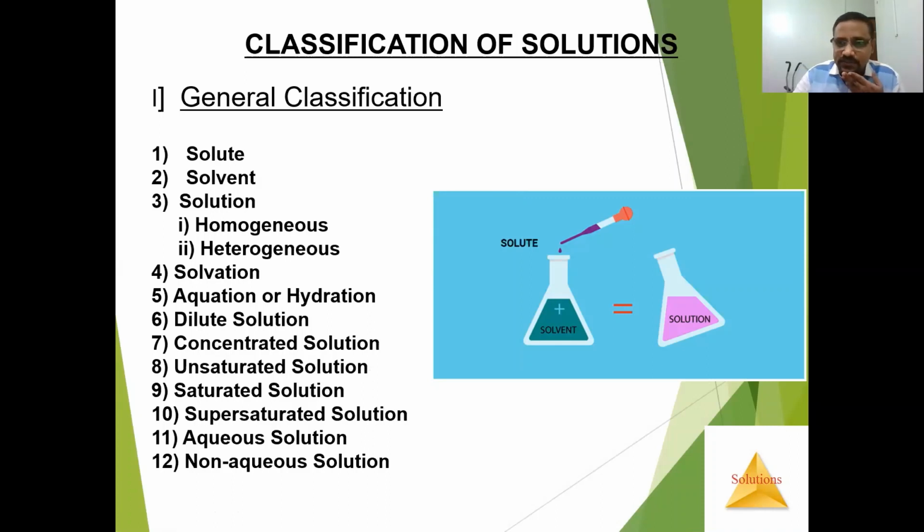What will happen when you try to add more quantity of solute, that is salt, more than 37.5 grams of salt to the same 100 gram water? Try it. The next particle which you add beyond 37.5 grams will settle at the bottom. It is not going to dissolve in the 100 gram water.